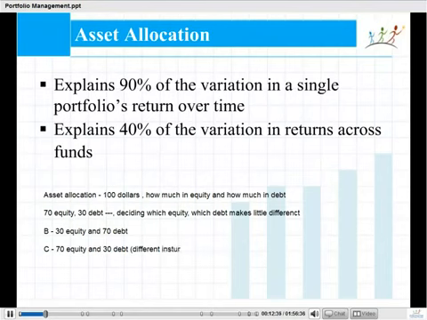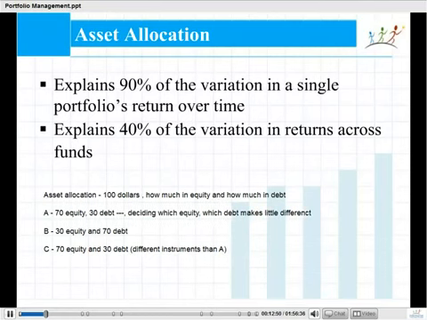So they have different instruments than portfolio A. Research has shown that 90% of the variation or the volatility of a single portfolio over time, that 90% of the difference between portfolio A over different years, in year 1, year 2, year 3, will be explained because of this 70 equity and 30 debt decision.